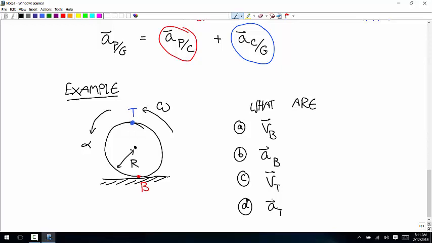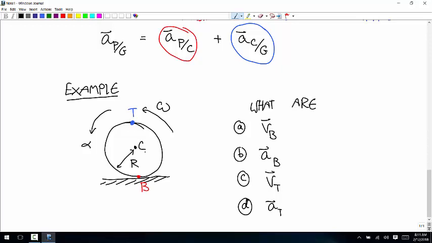Yeah, it's moving to the left. You're just sort of thinking physically about what's happening. And if the thing has an angular velocity counterclockwise, that also means that the acceleration of that point C, the center, is to the left.